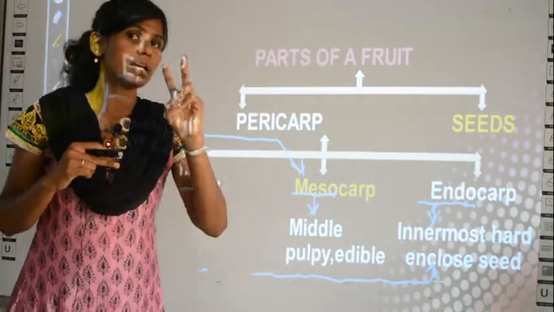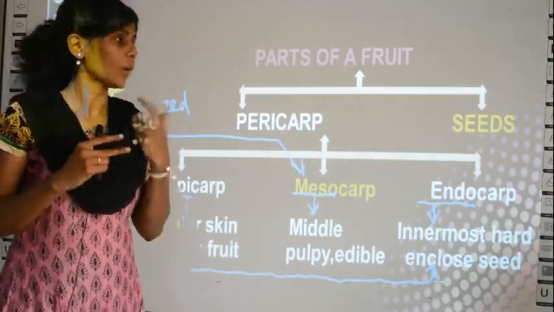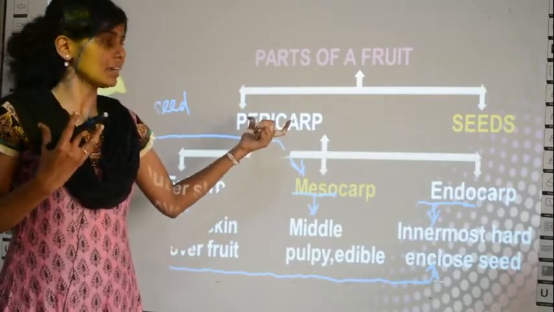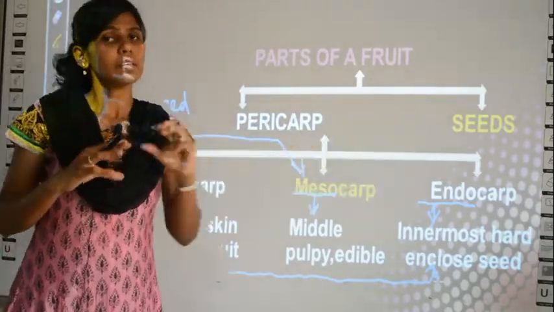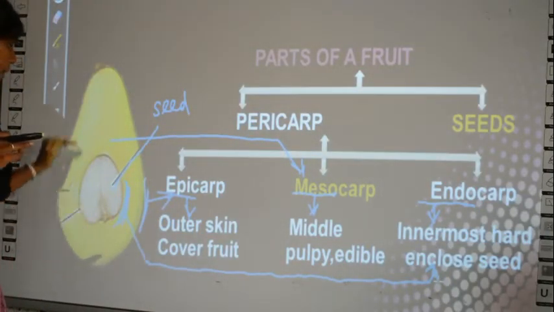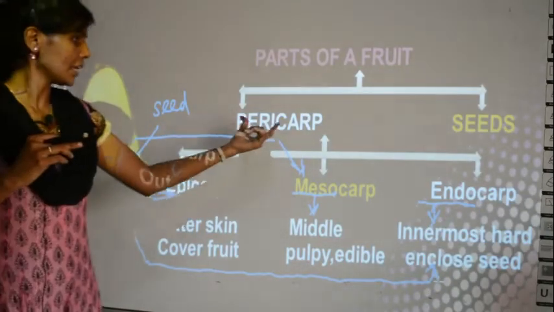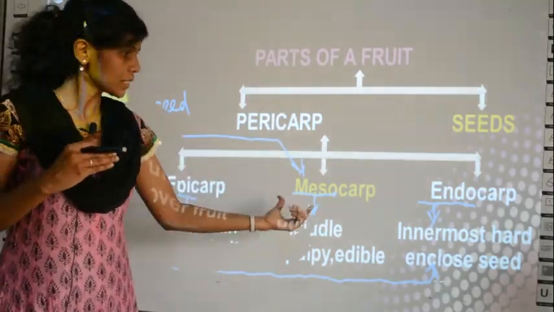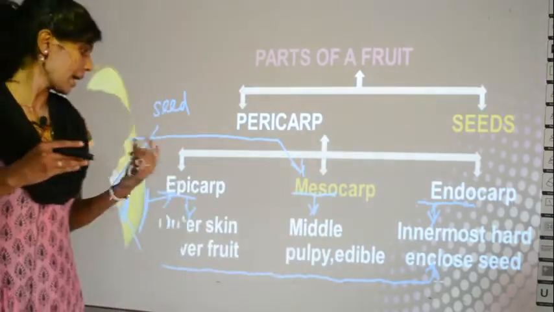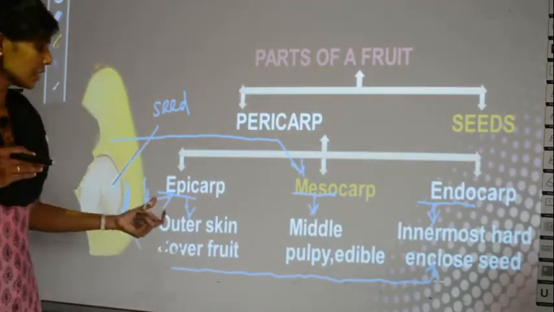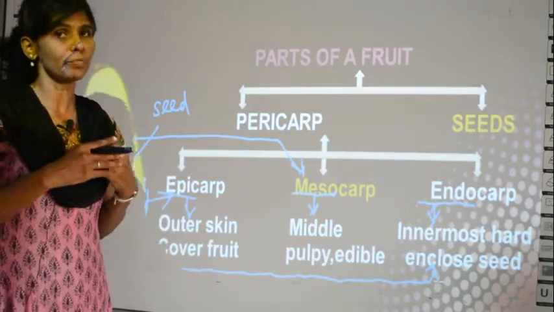So, what have we studied? There are two main parts of fruits. One is the pericarp, whatever we eat, and the other is the seed, the hard portion inside. Again, the pericarp is divided into three parts called epicarp, mesocarp and endocarp. Epicarp is the outer skin, mostly we don't eat that, it just gives protection to the fruit.